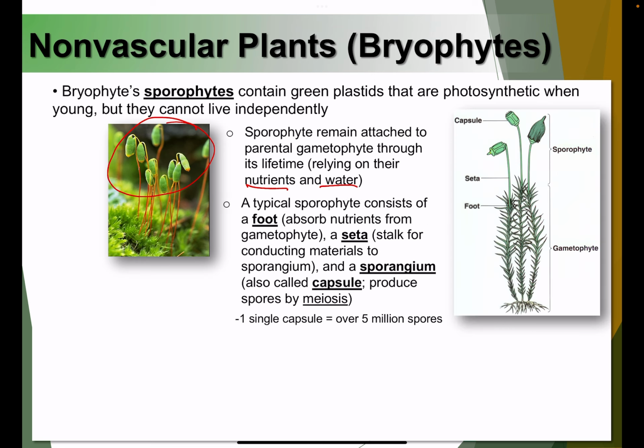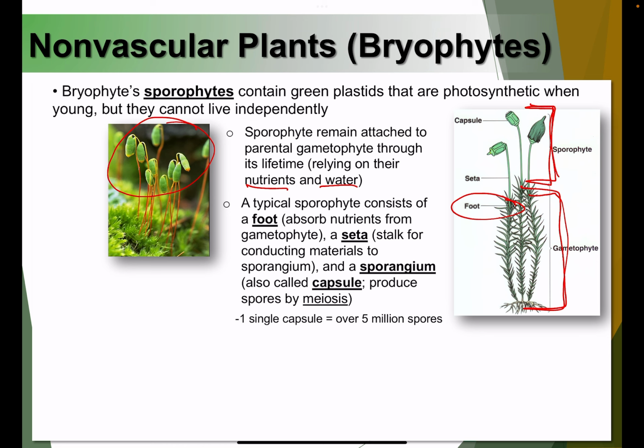A typical sporophyte consists of a foot right here, whose sole job is to absorb nutrients from the gametophyte itself. This portion is the gametophyte, and this portion is the sporophyte. This is a moss example.